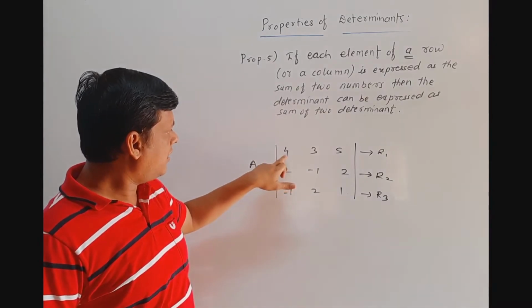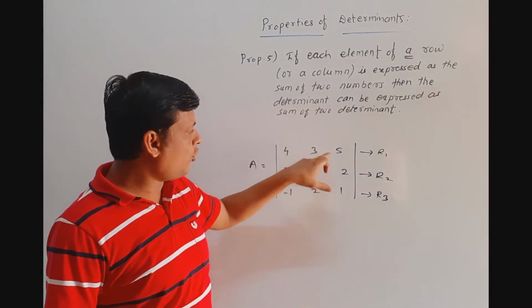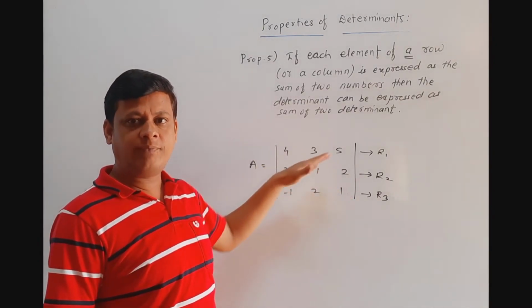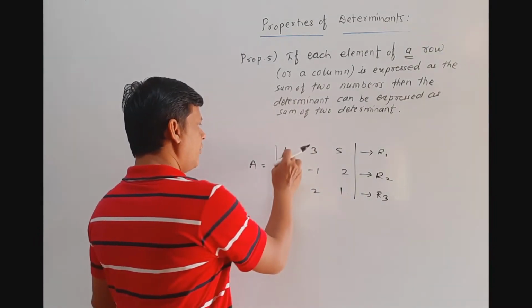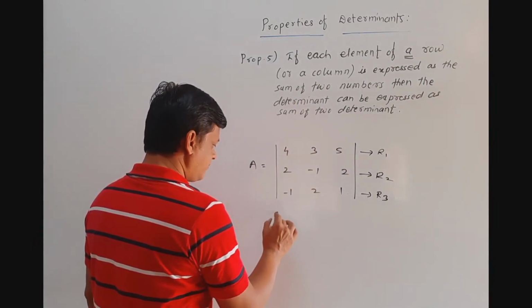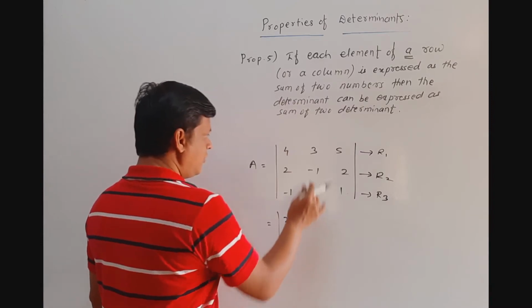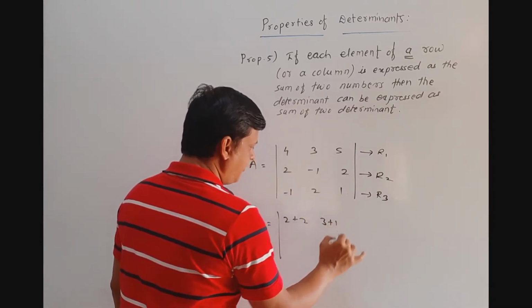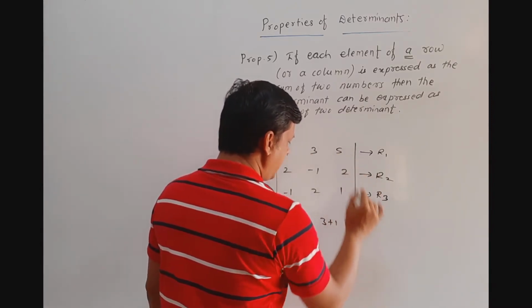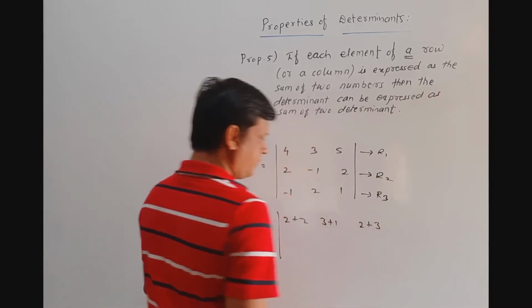If we write any row's elements as a sum of numbers, now see here, we write this 4 as 2 plus 2, we write this 3 as 3 plus 1, and we write this 5 as 2 plus 3, suppose.